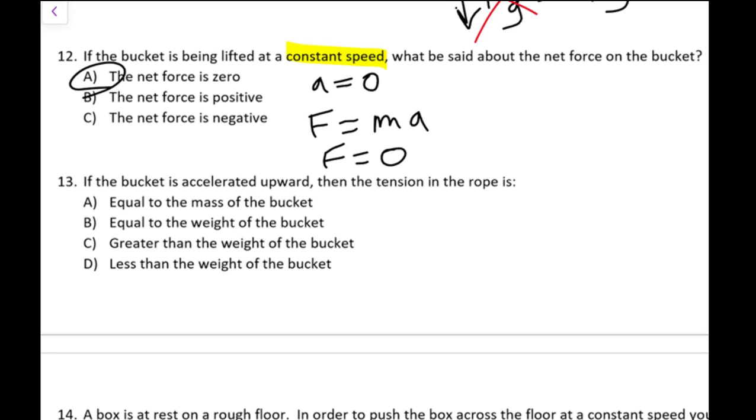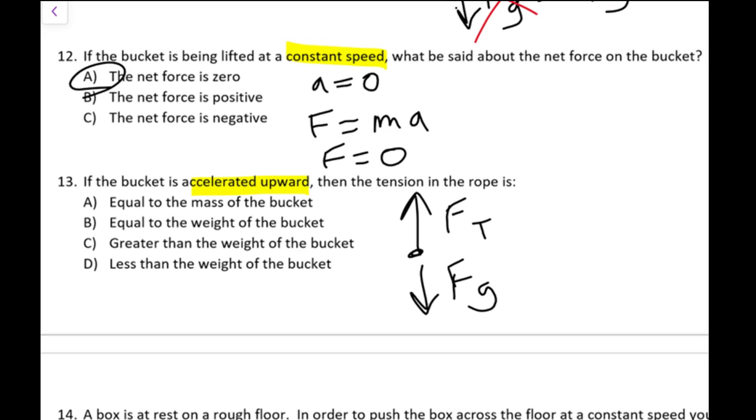And if the bucket is accelerated upwards, so now it does have a positive acceleration, again looking at this free body diagram, now they don't cancel out. The tension's pulling it up, gravity is pulling it down.